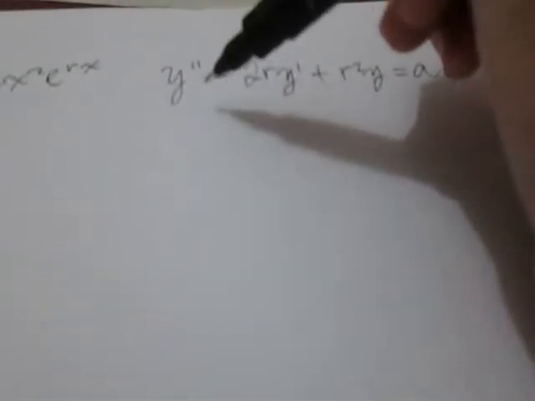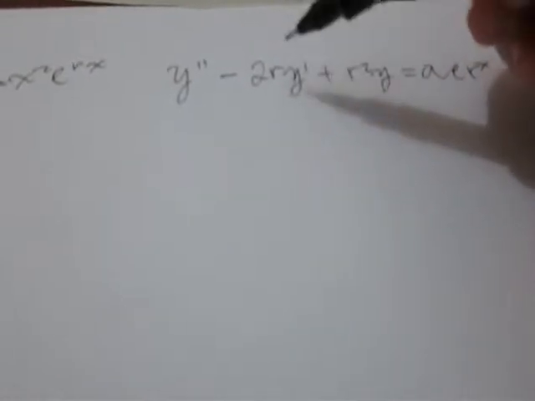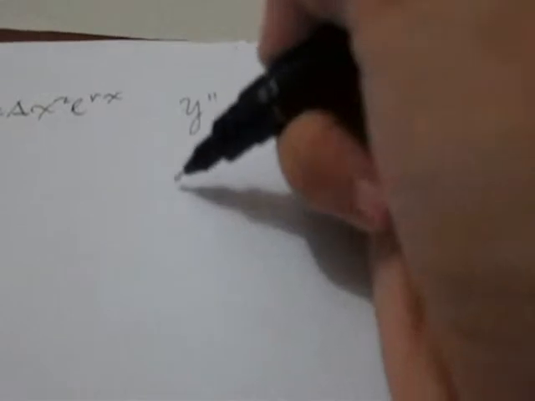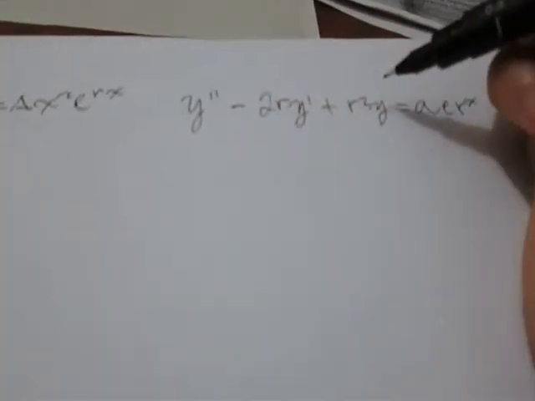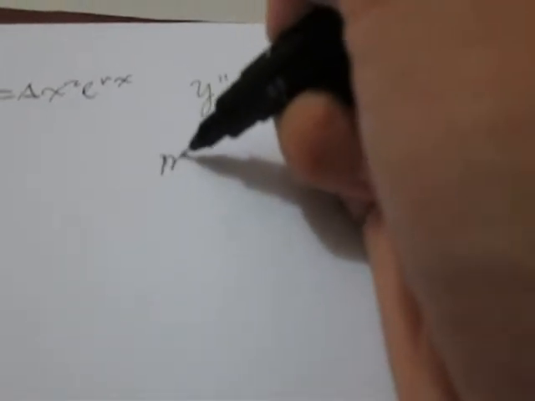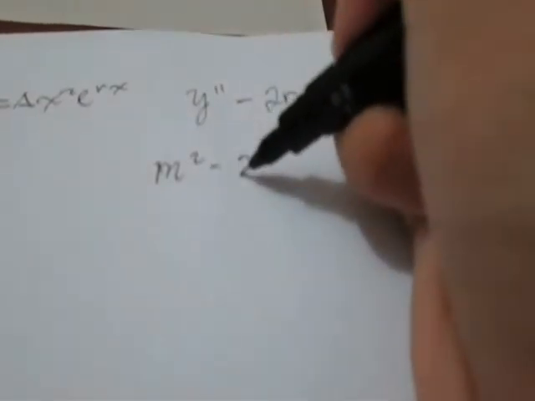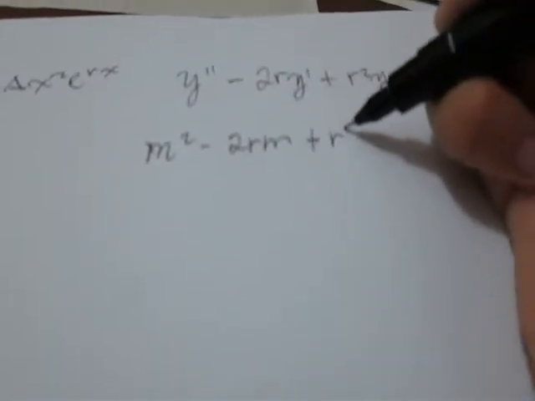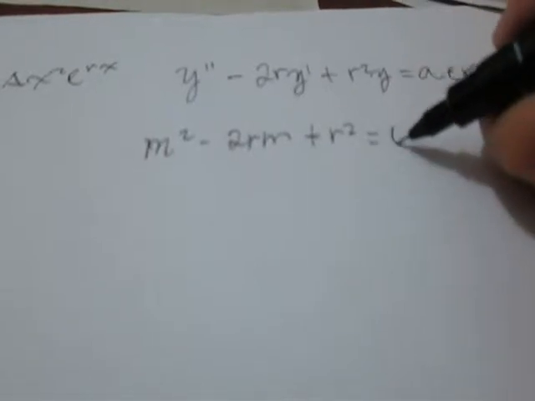The problem is asking us to solve this using variation of parameters. So first we have to get the auxiliary equation to get the complementary integral. So we have now m squared minus 2rm plus r squared equals 0.